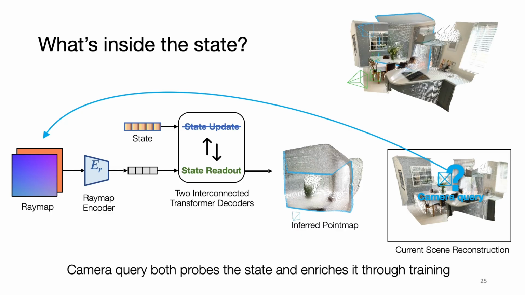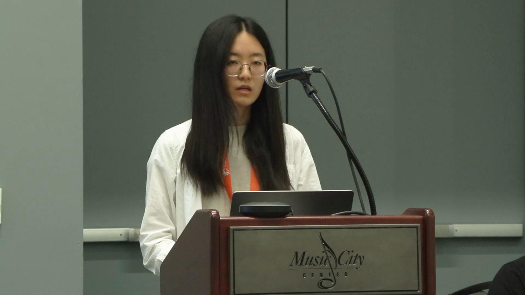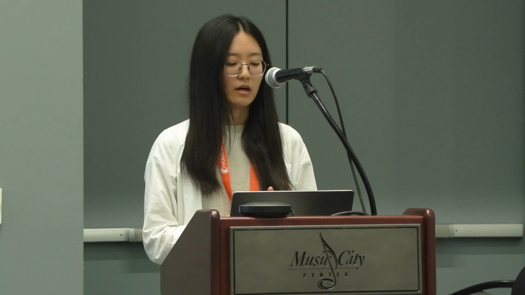A tiny detail is that when the input is a raymap, we don't update the state, because technically the camera query doesn't bring in any new information. It's just a way to understand what's inside the state. So that's basically the mechanism.